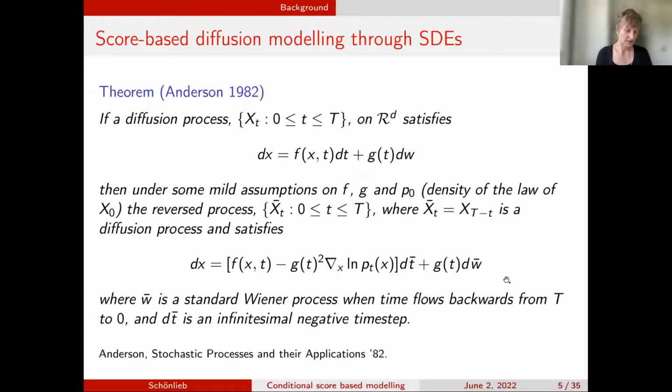Okay, so the whole idea behind score-based diffusion modeling really goes back to a result by Anderson from the 80s, which basically says the following.